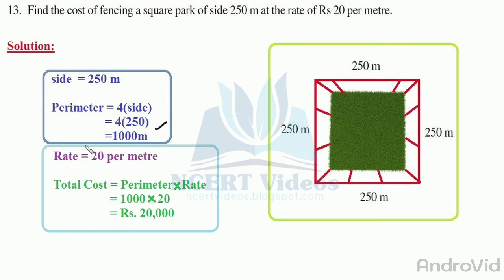It means we have to multiply perimeter with rate in order to get the total cost for this fencing. So 1000 into 20 gives you 20,000 rupees. Therefore this is your total cost in order to cover this square field. This was your question 13.